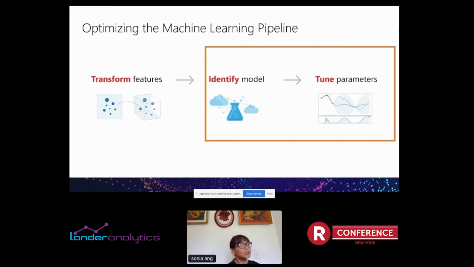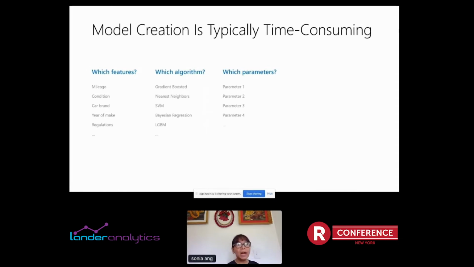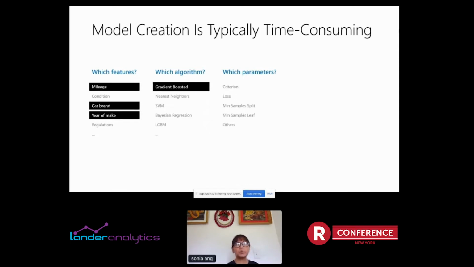So let's illustrate this by seeing what exactly a data scientist does when he tries to build a model, let's say to predict a car. So we start off with understanding what features, what algorithms, and what parameters are there. And you would think that, hey, perhaps the car brand, the mileage, and the year of make might be good features. And then let's choose a gradient boosted algorithm. And then choose a couple of parameters like the learning rate, the batch size, number of nodes, if it was a classification problem.